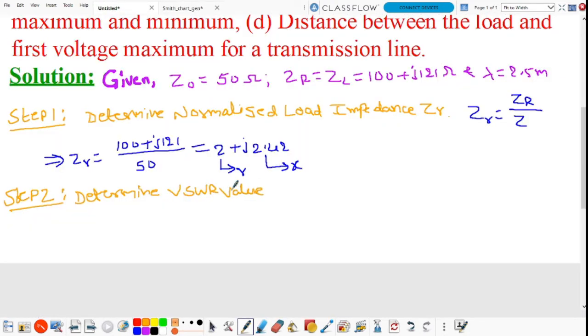Step 2, determine the VSWR value from the Smith chart. So from the Smith chart, VSWR is equal to OM, which is 5.5.